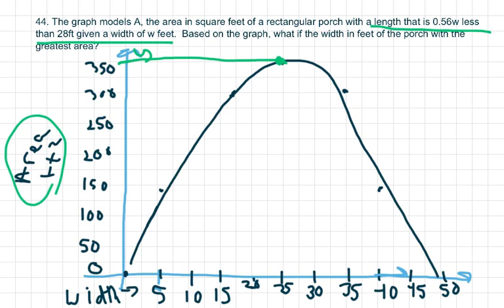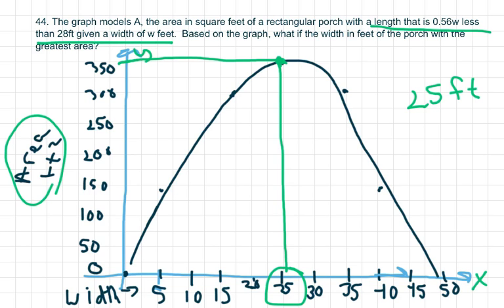And my maximum, where is this? Here is 350. So they're looking for what is the width. The width is my x-axis. So I just go straight down here, and I see that's at 25. So 25 feet is the width. Okay? And we didn't really even need this information here or here. We just looked at the graph.